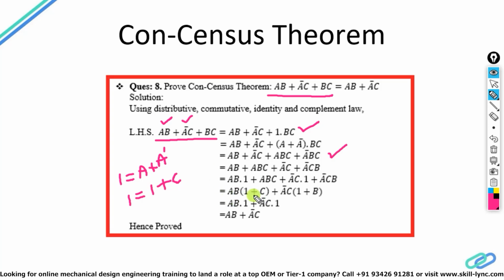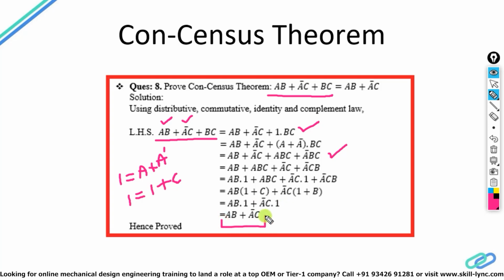That's why we are writing AB into 1 plus C plus A bar C into 1 plus B, because we have just taken out the common terms. Now 1 plus C is 1 only, and A bar C into 1 only. So it is AB plus A bar C.